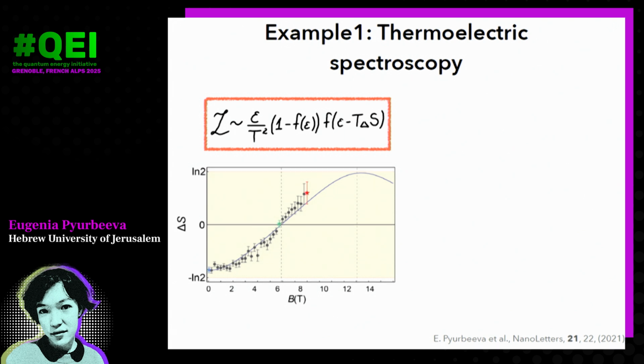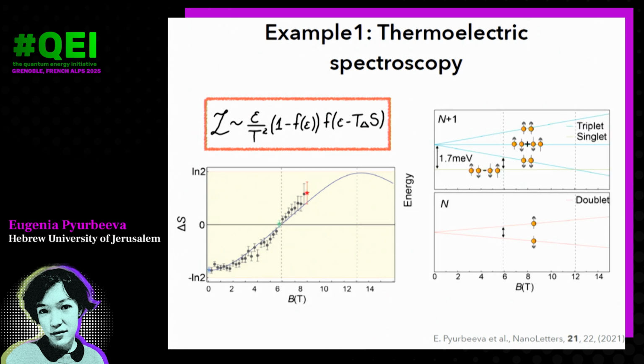But instead we cross 0 and go to positive entropies, which allows us to make the next guess and say that the next simplest solution is to add a triplet on top of the singlet. And if you do this, here comes the circular logic. It allows you to find an actual model for what the dependence of entropy on magnetic field should be, where the singlet-triplet splitting is a fitting parameter.